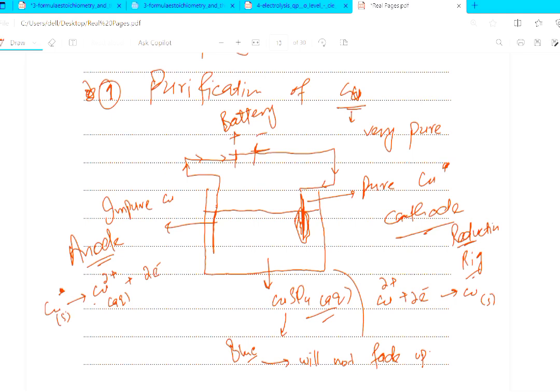What's the reason? Because no copper will be taken from the copper sulfate. Only the copper being oxidized on the anode, which has the plus charge, will be reduced over here.